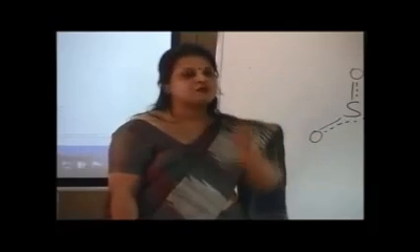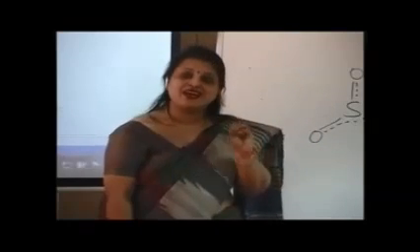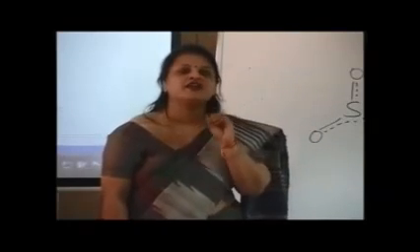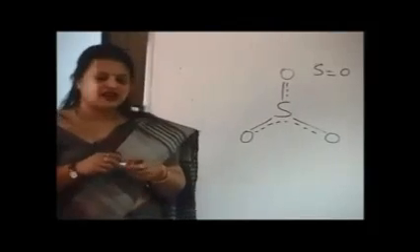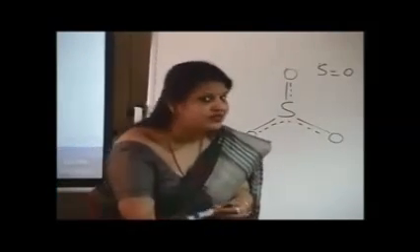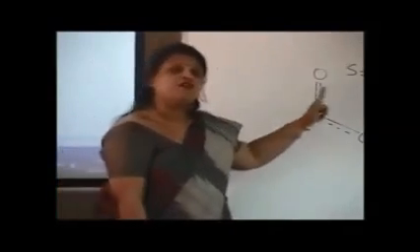But experiment says that all the three SO bonds are equivalent and they are equal to S double bond O. All the SO bonds are equivalent and not in between a single and a double bond, but perfect double bonds.